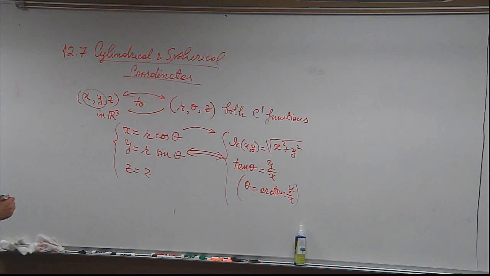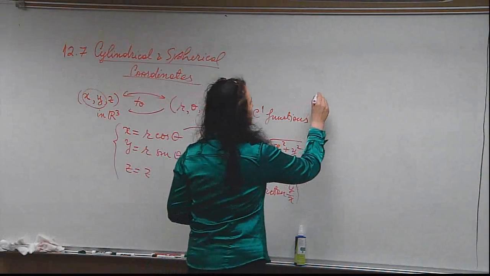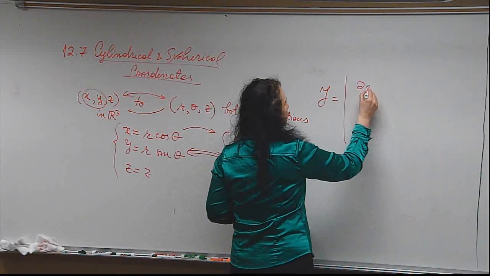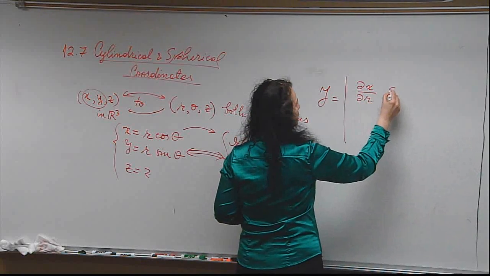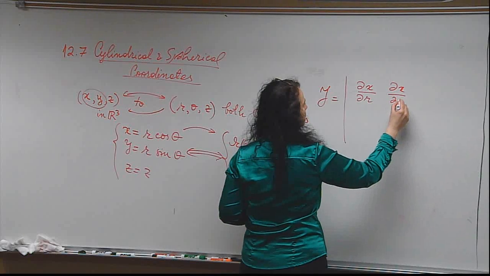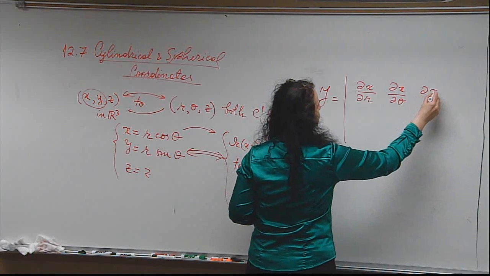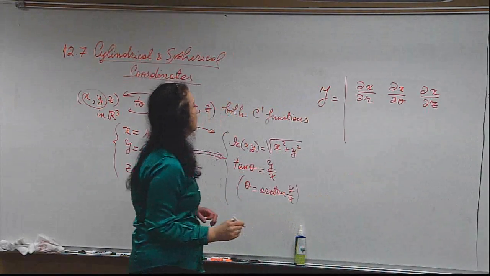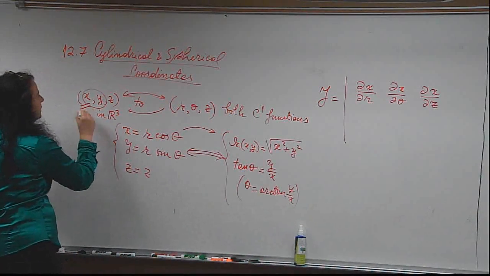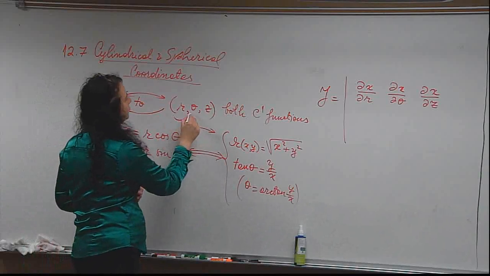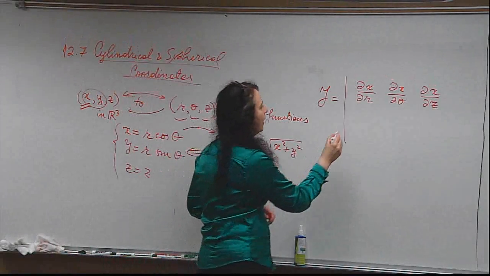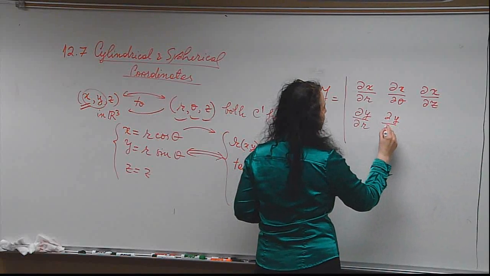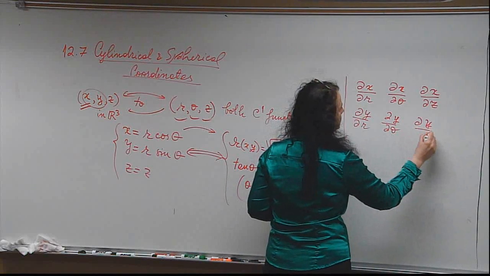So you have no problem setting up a Jacobian. That's going to be dx dr, dx d theta, dx dz. So you take the x, y, z prime with respect to r, theta, and z. Then you have dy dr, dy d theta, dy dz.